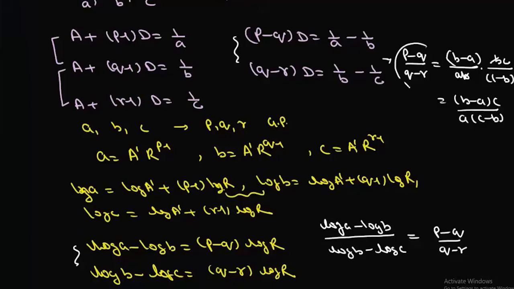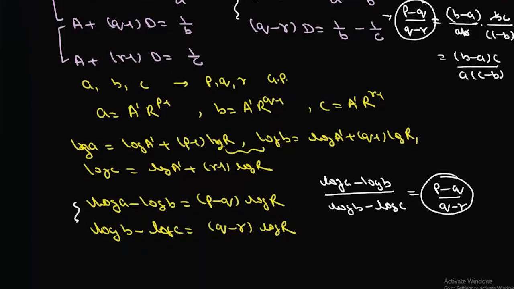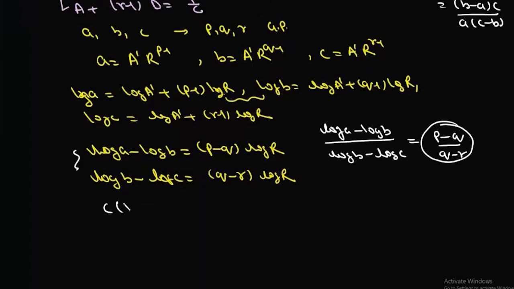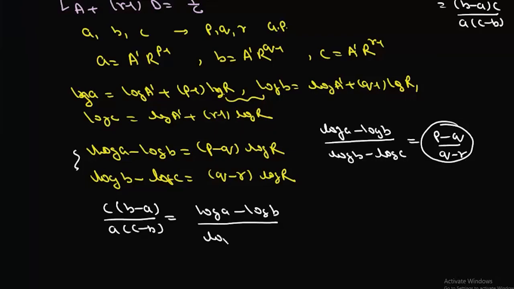Now if we equate these two, we can write c(b minus a) upon a(c minus b) will be equal to (log a minus log b) upon (log b minus log c).